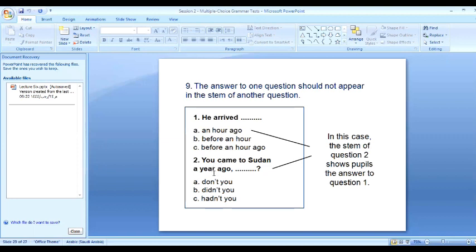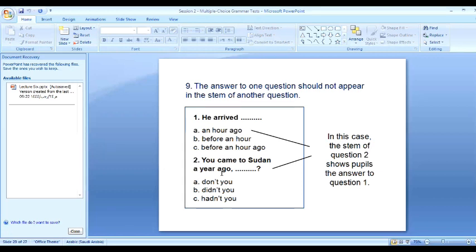They're going to choose "ago" here, because of "a year ago." So the answer to one question should not appear in the stem of another question. In this case, you have to change "a year ago" to something like "last year," because you don't give the pupils a chance to find the answer of question 1 in the stem of another question.